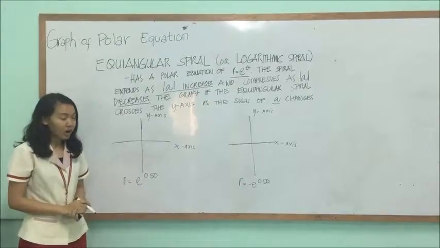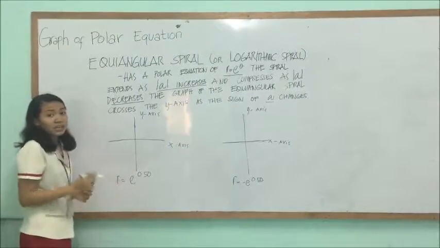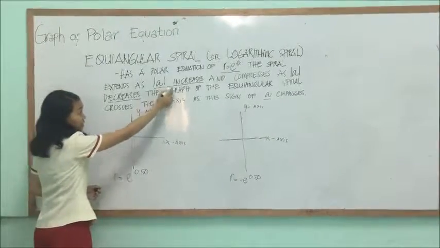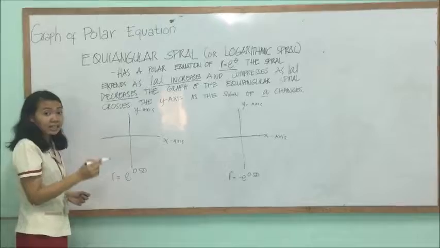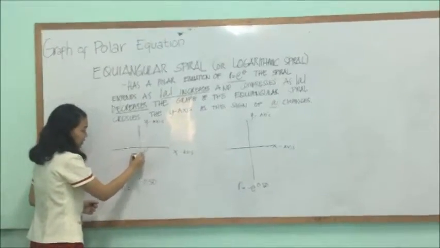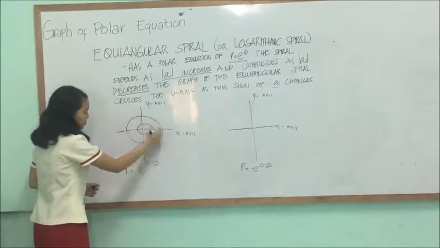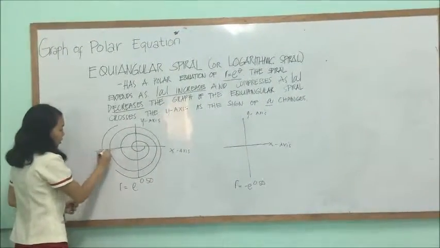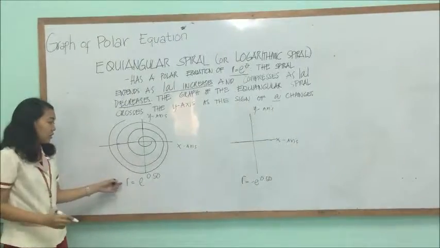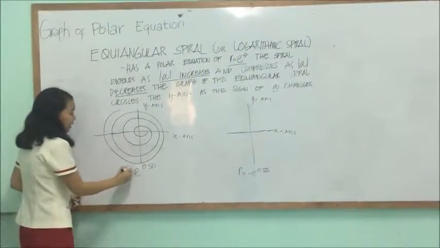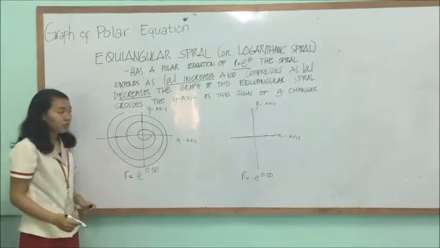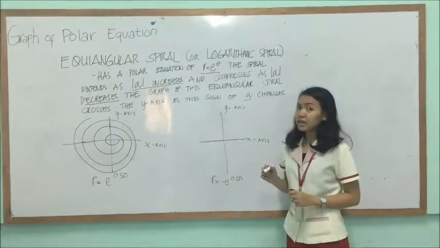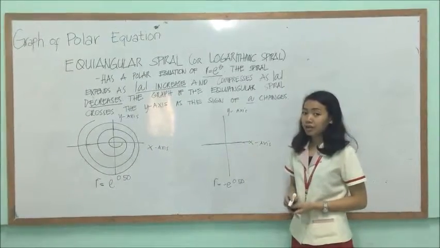So now let's graph. If your a is positive, you will turn to the right. And it's stated here that the graph is extending as a increases. So like this. The formula used is r equals e to the power of 0.5 theta. Another graph is when your a decreases, so your graph is compressed.